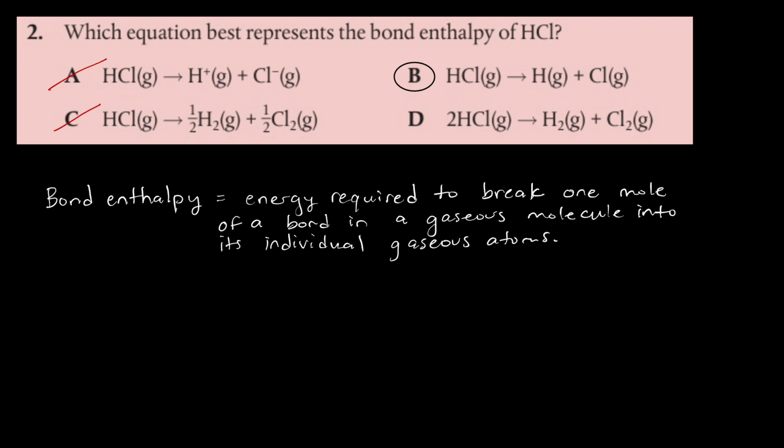And same with D, it's going to represent the formation of diatomic hydrogen and chlorine molecules. And again, here we're only looking at the breaking of one HCl bond into its gaseous atoms, which would be B.